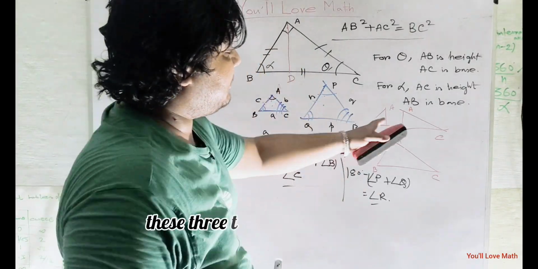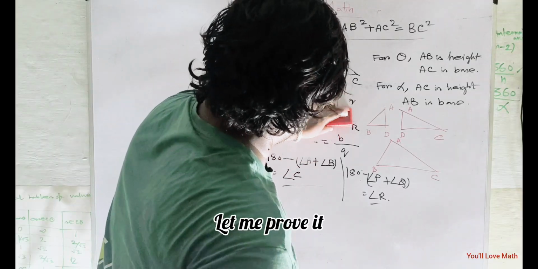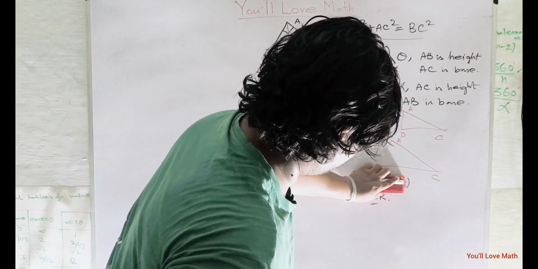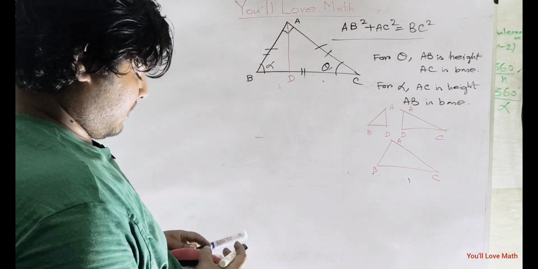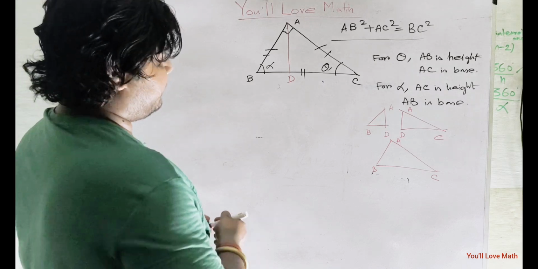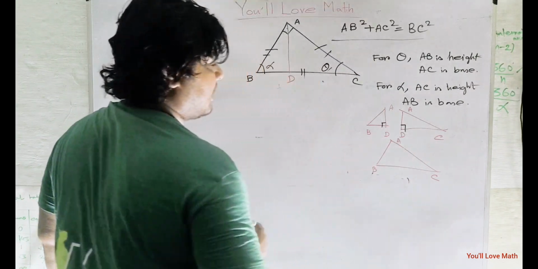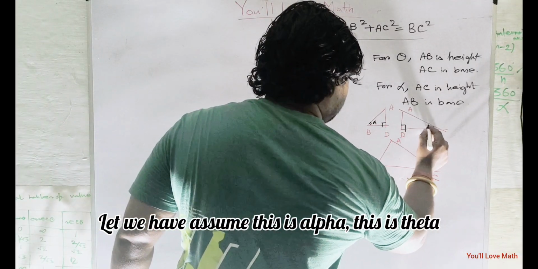Now these three triangles are similar. So how can we prove that? Let me prove it first. You can see this is 90, this is 90. Let us assume this is alpha, this is theta.